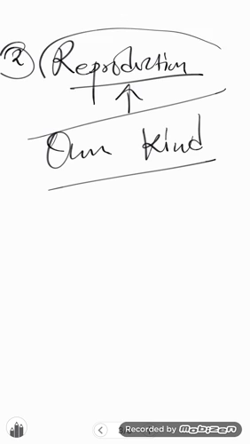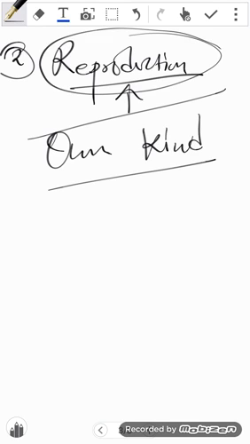This reproduction is of two types: we have sexual and asexual reproduction. We'll look at the types when we look at reproduction as a whole general topic.